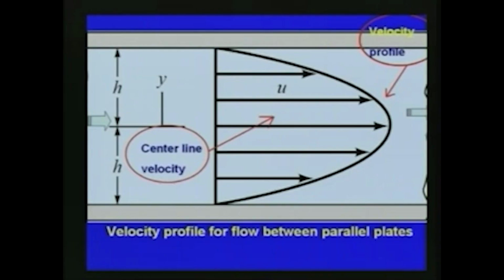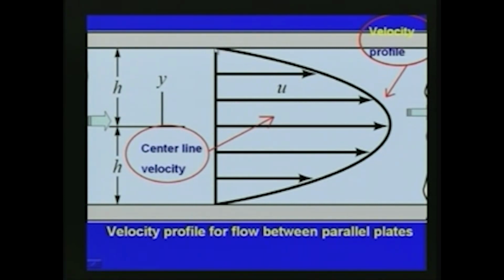Now we will discuss in detail the various flow parameters and how the velocity varies. Here we can see the velocity profile for flow between parallel plates. One parallel plate is here and another is placed at a distance 2h above. The flow is between these parallel plates. If you plot the velocity profile, we are discussing a real fluid, so due to the viscosity of the fluid there will be the no slip condition.